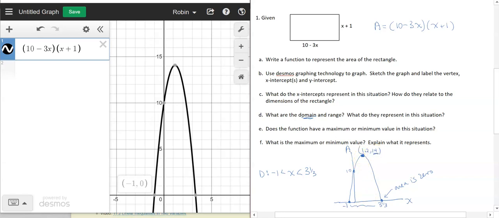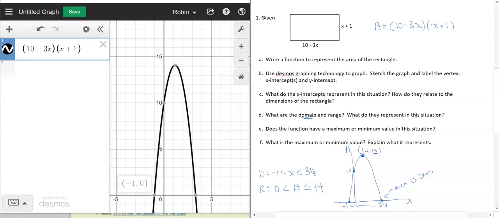Yes, you can get a maximum area of 14, but nothing greater than that, because once x goes beyond 1.2, area starts to get smaller again. So my maximum area is 14, my minimum is 0, but 0 doesn't make sense because then the rectangle wouldn't exist. So my range, or my area, is going to be bigger than 0, but less than or equal to 14.